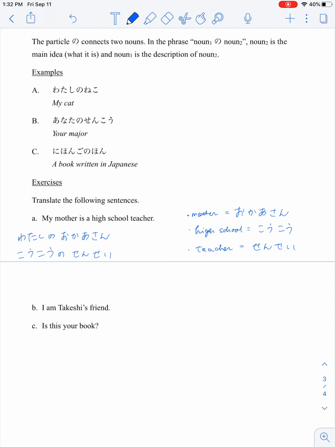So altogether, my mother is a high school teacher will be watashi no okaasan wa koukou no sensei desu.